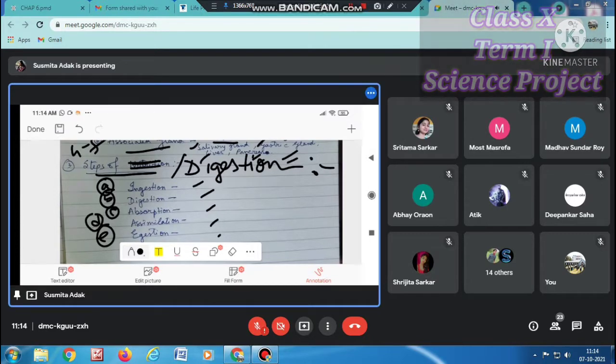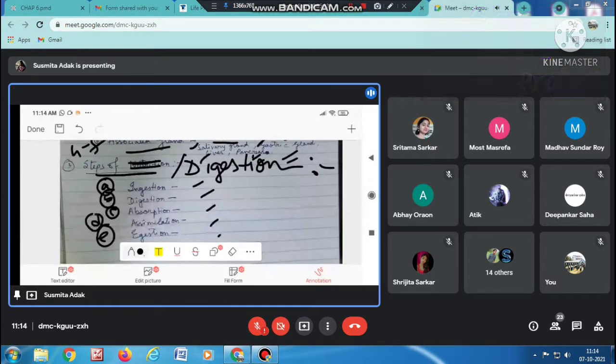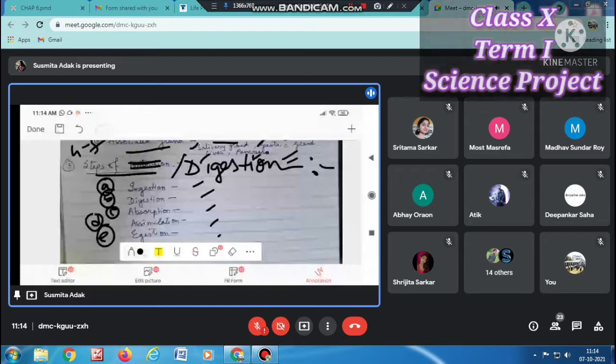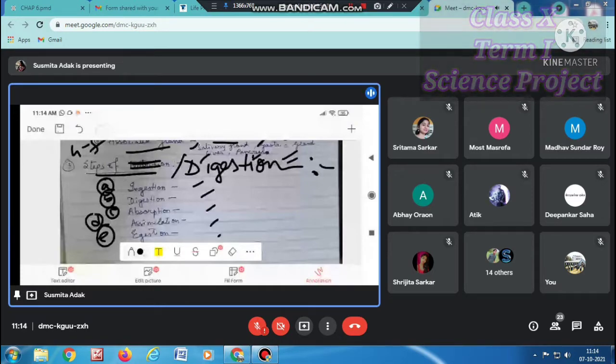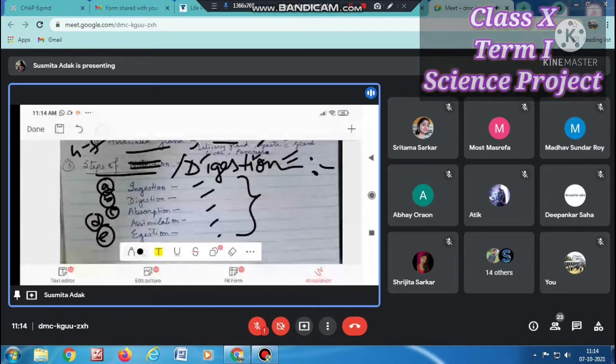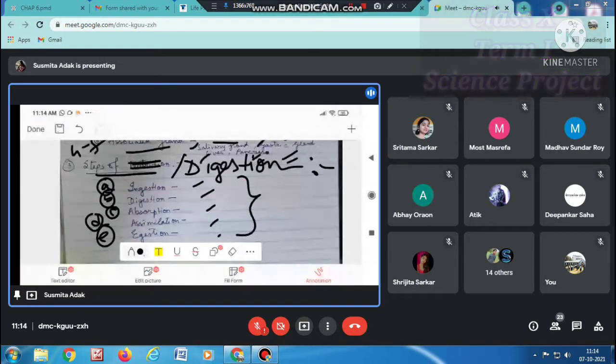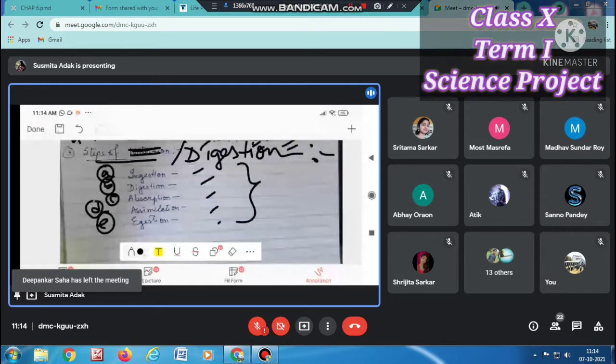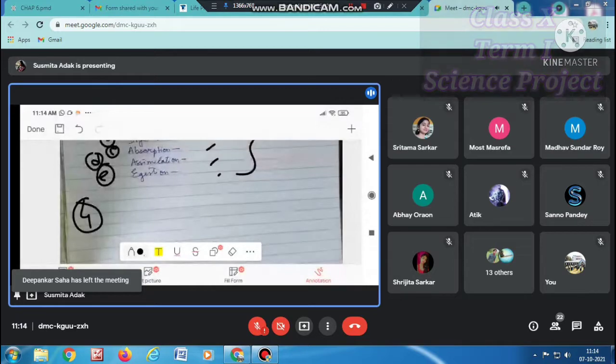In class I had given a PDF about this, so you can write this information from that PDF also. You can write the definition of these 5 points. And at last, number 4, there will be the conclusion.